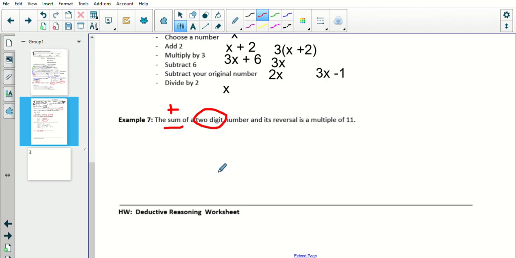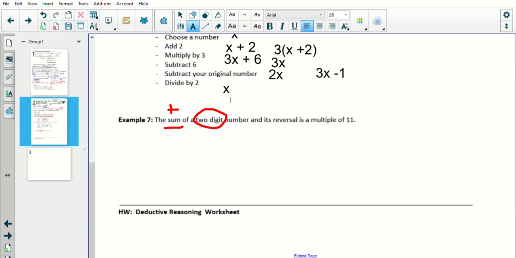Well, how do I represent a 2-digit number? Well, does the tens place and the ones place have to be the same? They don't. So I'm going to need 2 variables there, and I'm going to have to guarantee one is always in the tens place and one is always in the ones place.